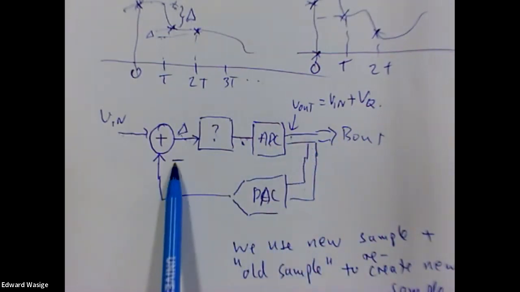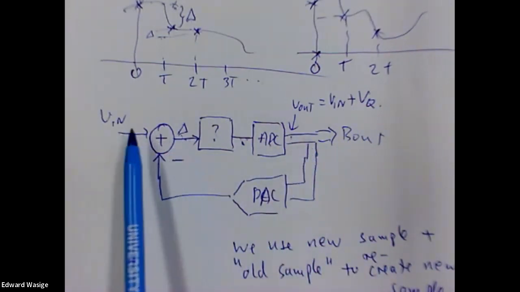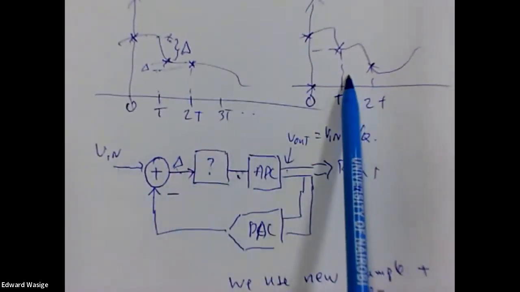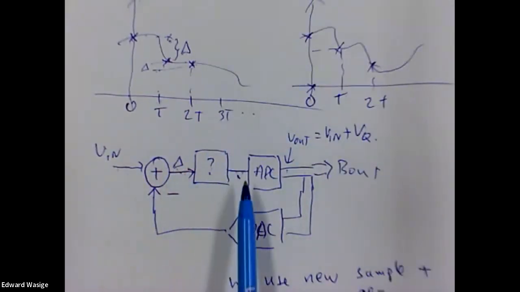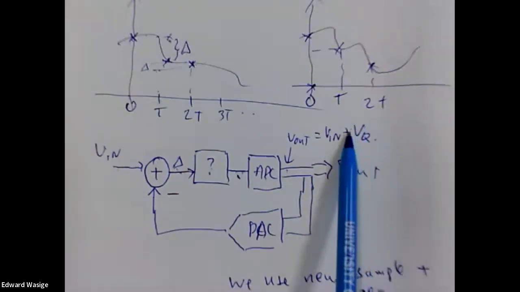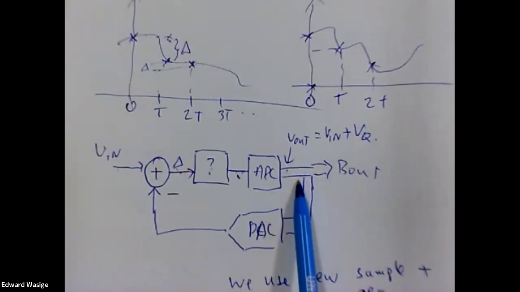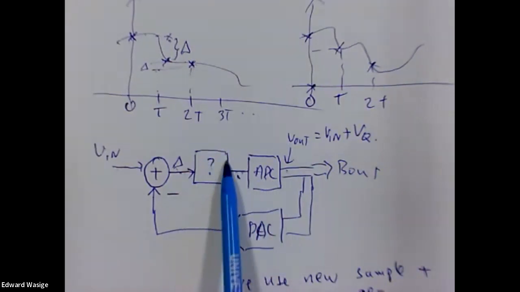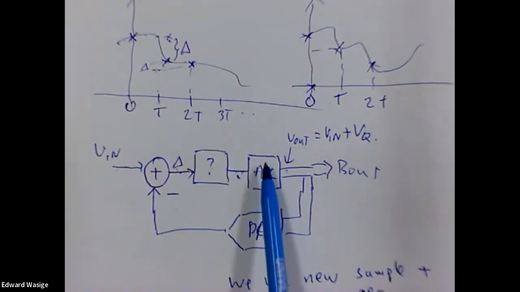So since we know that feedback can help us reduce VQ, we feed back the signal, but when we feed it back, we need to combine it with the input signal, but the input signal is of the new sample. So we create the difference signal and we recreate the new signal here. And then we do the digitization process, but we know this digitization process introduces quantization noise. But by putting it in a feedback loop like this, and by choosing the parameters of this block, the ADC and the DSC essentially don't change the system.